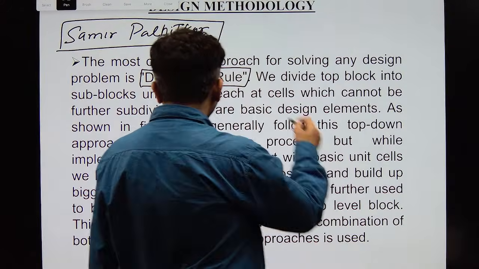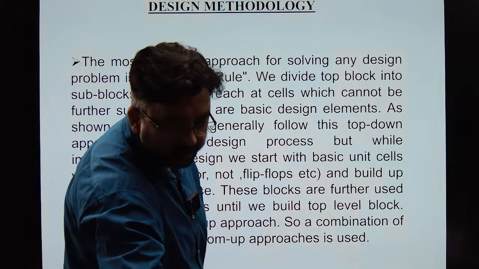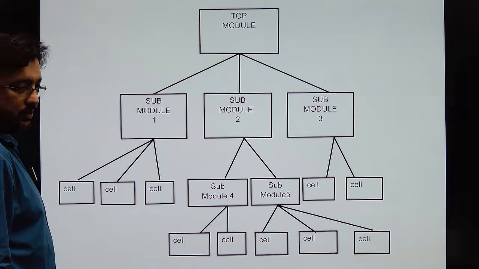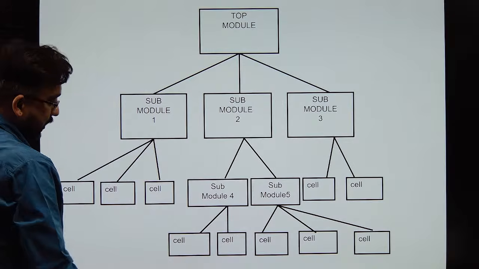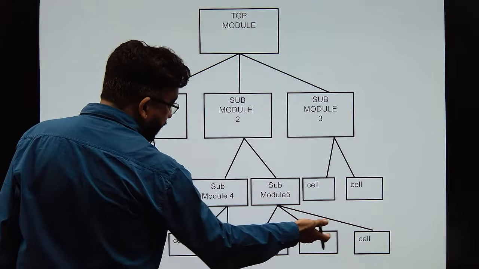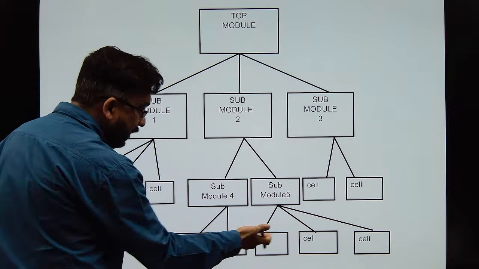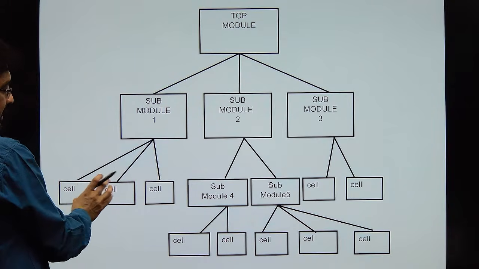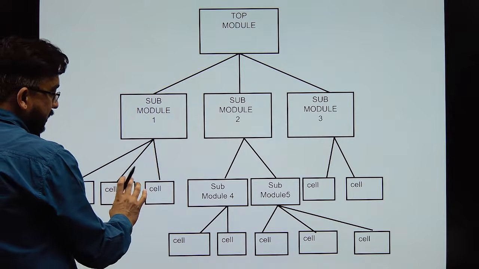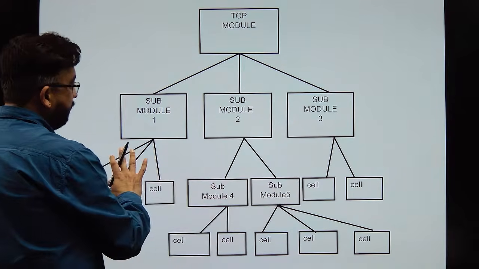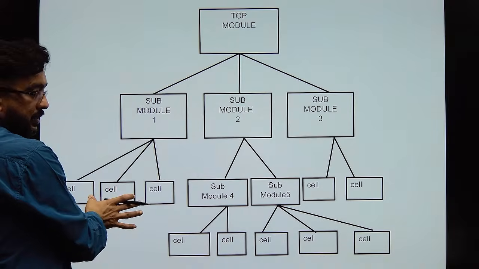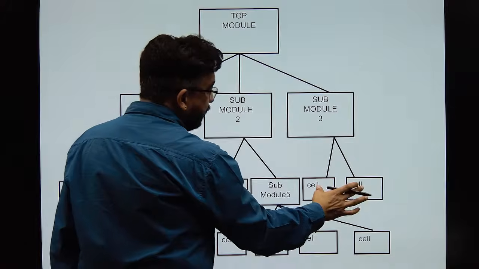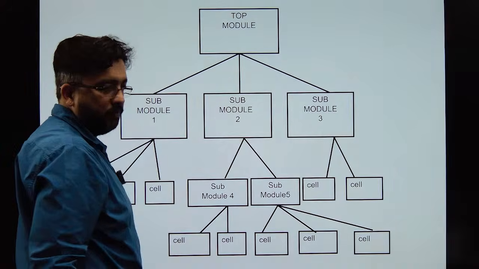Okay, let me show you the next slide. This is the slide basically. So cells, that means your component level, gate levels. Then using some gates you have made this cell, using some cells you have made this, and then using these three cells you have made one module, using these two cells you will make one module, and then finally top modules.